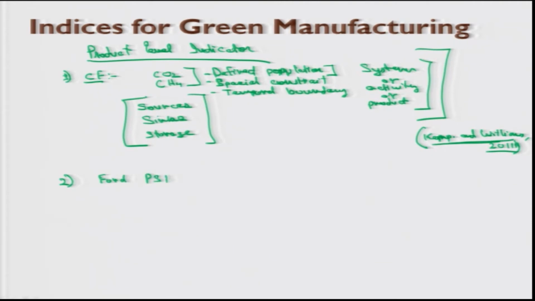By PSI we mean Product Sustainability Index. It considers the sustainable indicators within the environmental, economic and societal pillars, those three pillars, specifically related to automobile manufacturing.